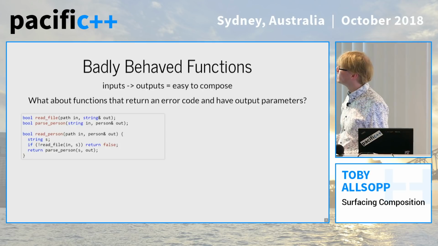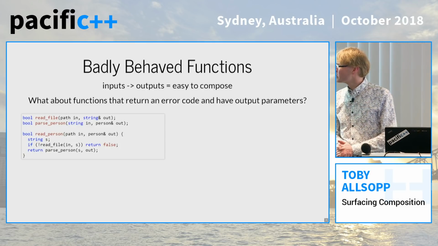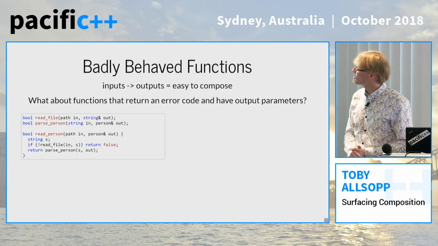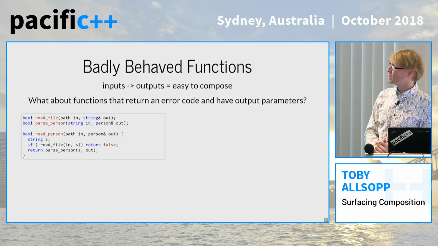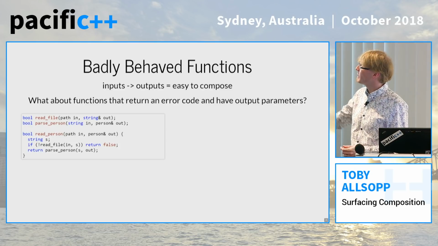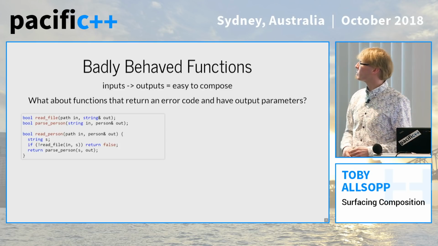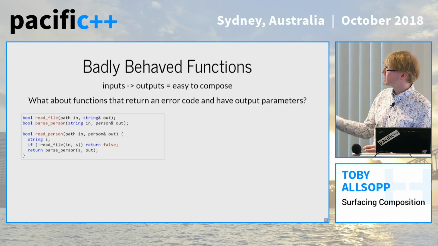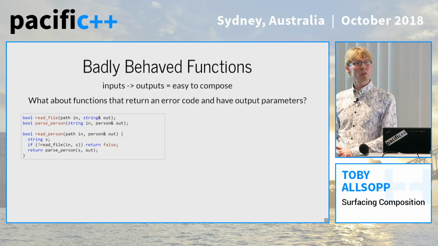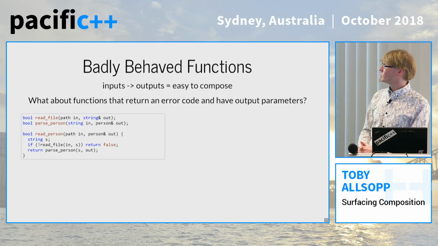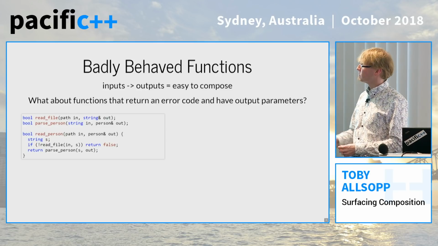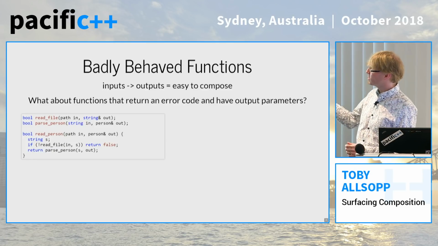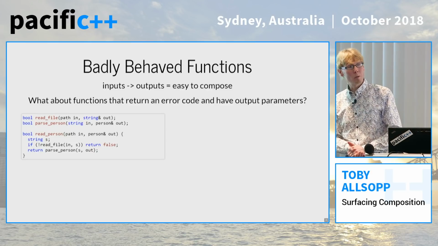So here's an example. This is like the simplest possible example. We've got two functions: something that reads a string from a file, so it takes a path as input, writes an output, and returns true if it succeeded or false if it didn't. We've got a parse person, which takes a string as input, has an output parameter of a person, and returns true if the parse was successful. And we want to write a function to read a person from a file.